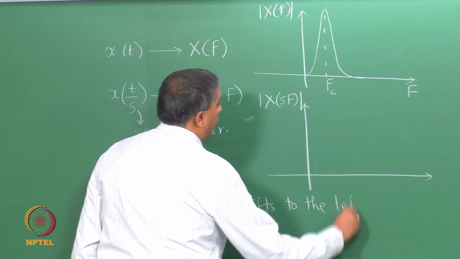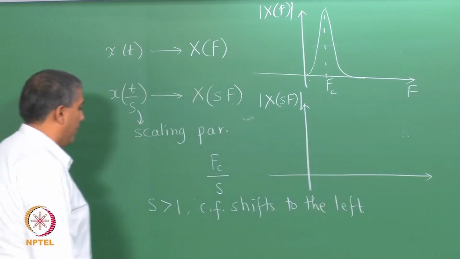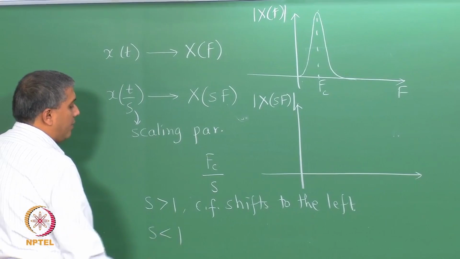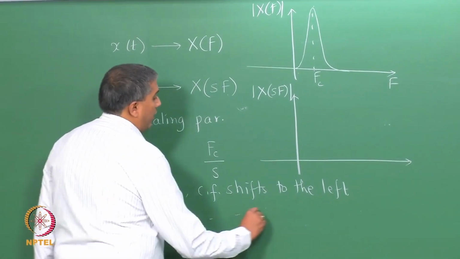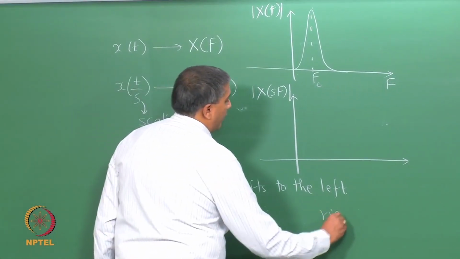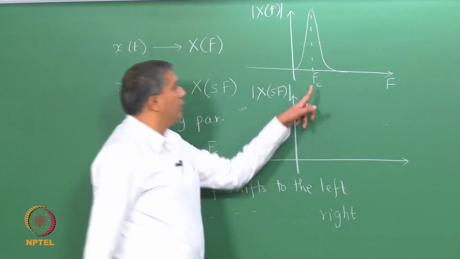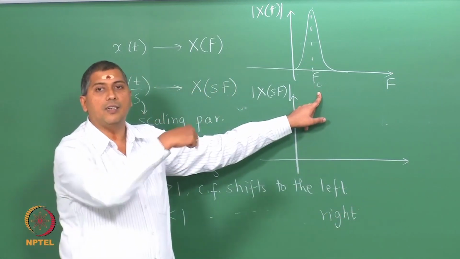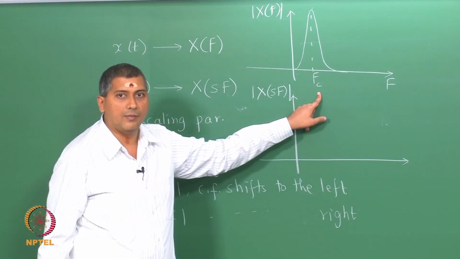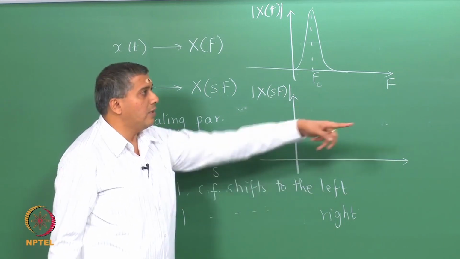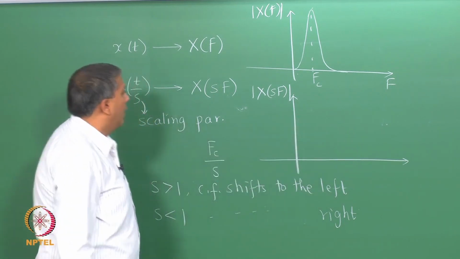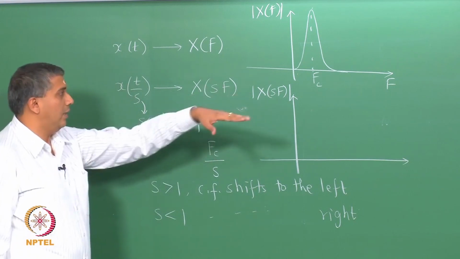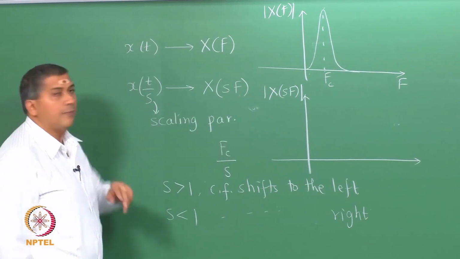I have not drawn it yet. And when s is less than 1, the same thing shifts to the right. Now, this left and right are with respect to Fc, the center frequency of the original signal. I have not drawn this here, but I have drawn this for you in the slide. This is the basic point that I am trying to make.